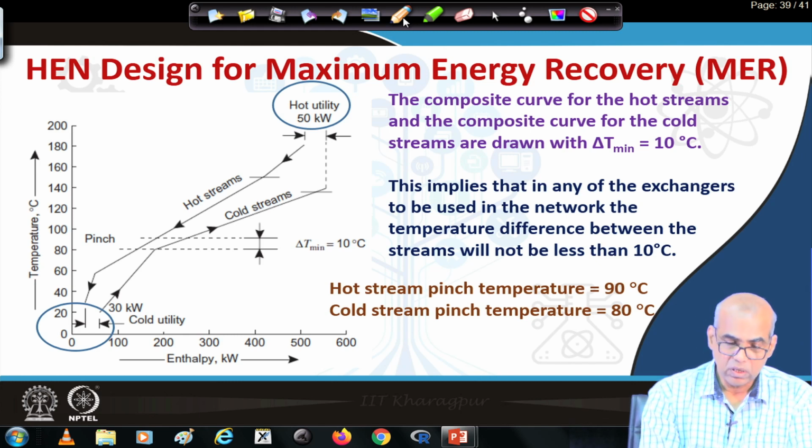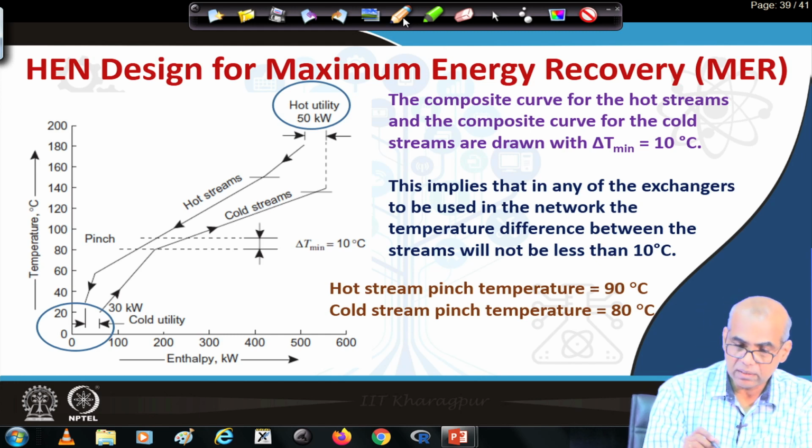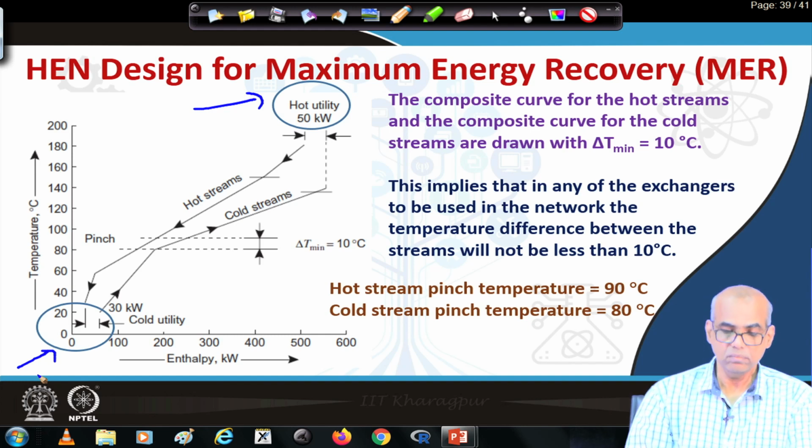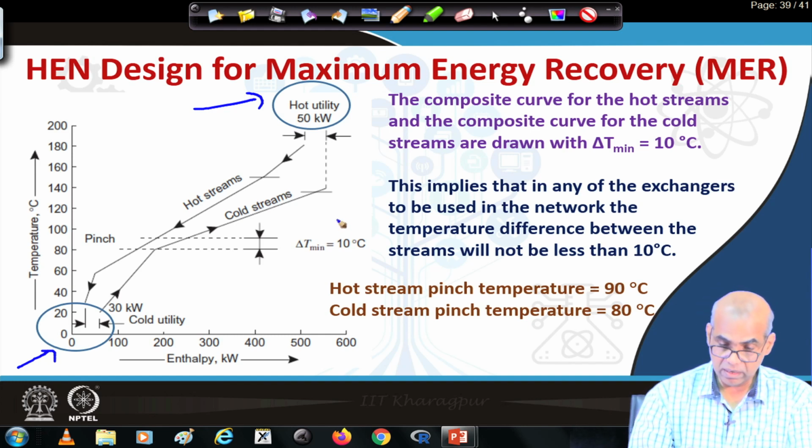For example, what is shown on the figure is the hot composite curve and the cold composite curve, and you see that hot utility target is 50 kilowatt and cold utility target is 30 kilowatt for a given delta T minimum of 10 degree Celsius.